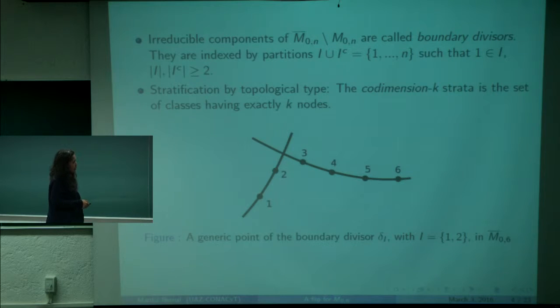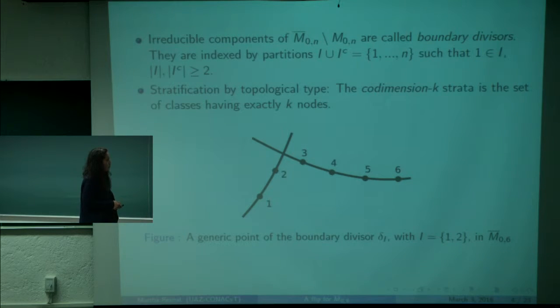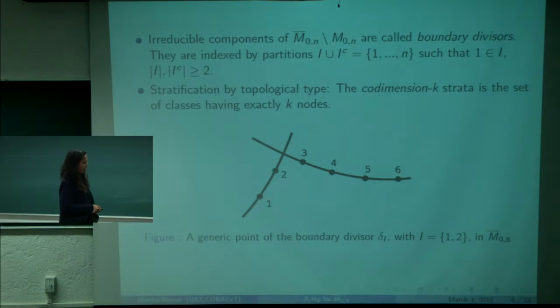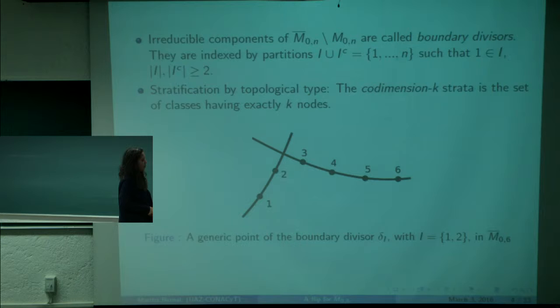And the whole boundary is stratified by topological type. So we have codimension K strata, which is the classes of curves that have exactly K nodes. So you have K nodes, and it's going to form a codimension K stratum in the moduli space.